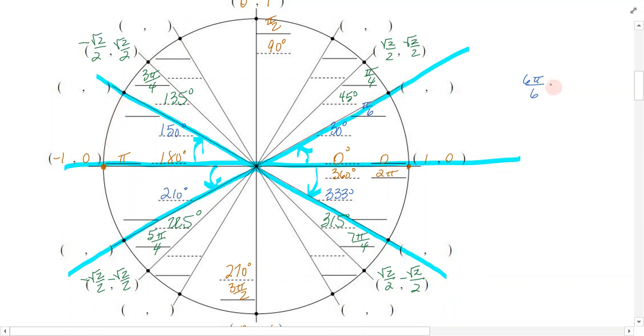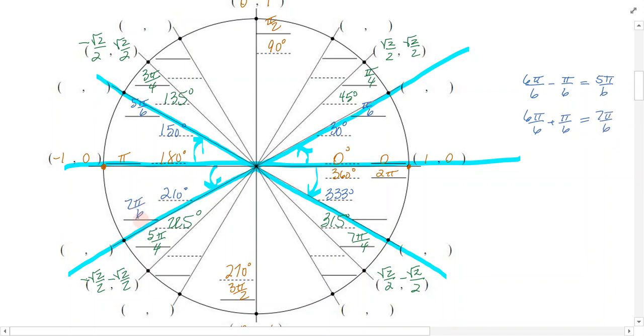So 6 pi over 6 minus pi over 6 gives me 5 pi over 6. So 6 minus 1 is 5 pi over 6. Equivalently, we would add to get the value in the third quadrant. So 6 pi over 6 plus pi over 6, or 6 plus 1, would have to be 7 pi over 6.